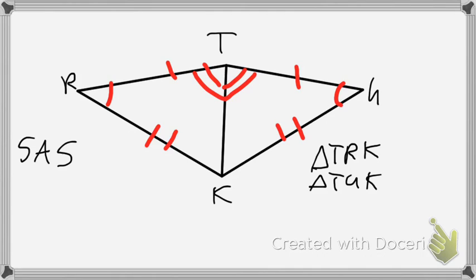And in this case, we look at it, and again, when we looked at congruency, we want to make sure that the sides and the angles match up. Now, here we have the issue.